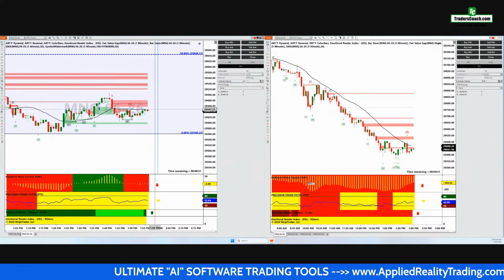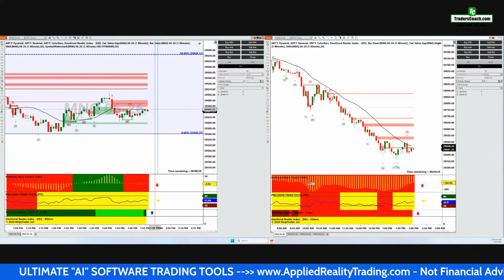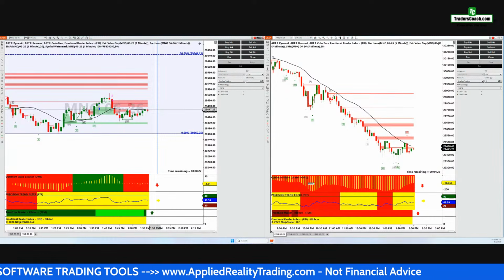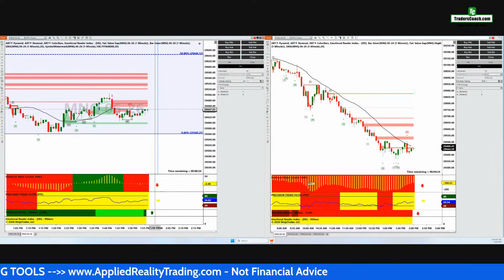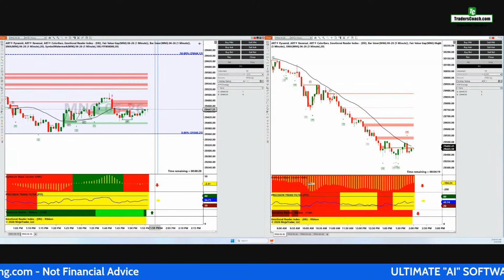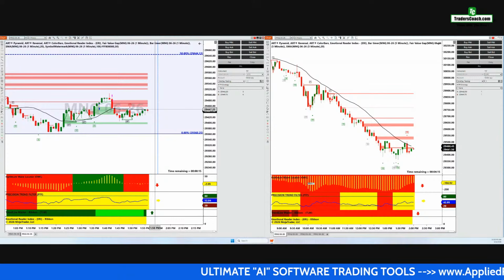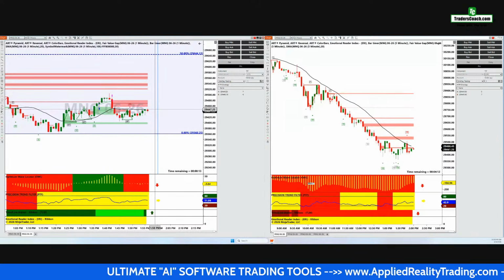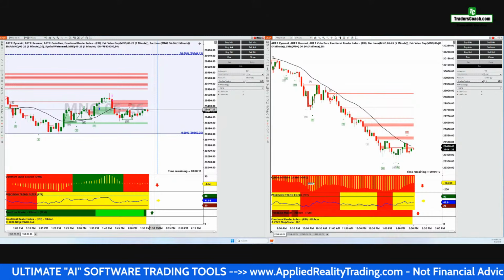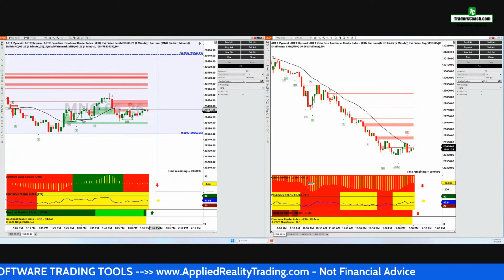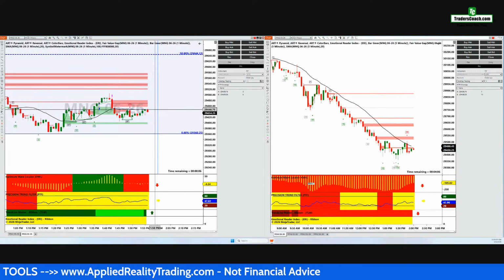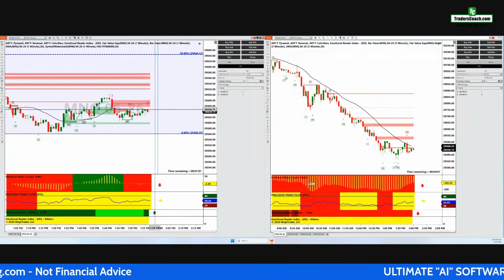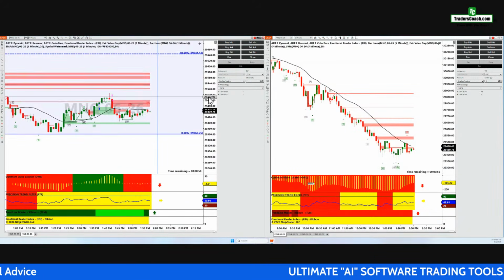MPs, for the most part, while they're good for scaling out and good for aggressive entries, they're not the same as the pyramids. Okay.